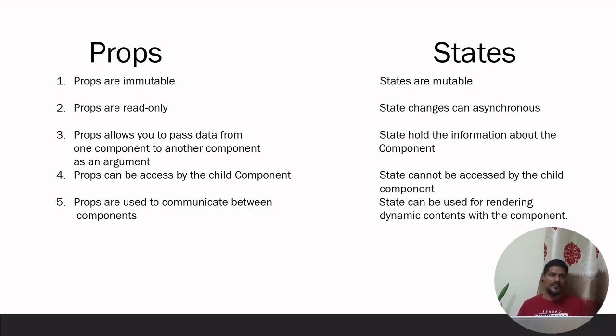As I said, we can pass the data from parent component to child component using the props, and states can be used for rendering dynamic content. Whenever I want to change some text or some color on the click of a button, that can be done with the help of states. Using the state, we can render the dynamic content.